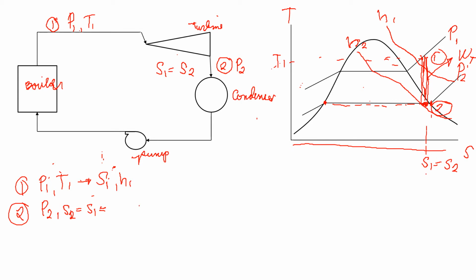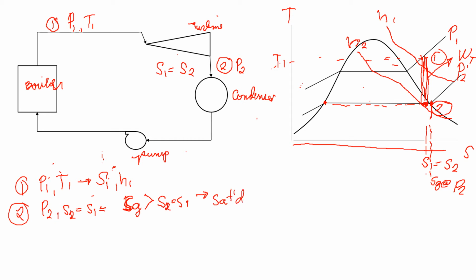You have to find the SG, this one here, this is your part SG. SG at pressure 2 should be greater than your S2, which is also equal to your S1. So there you can find that it is saturated.